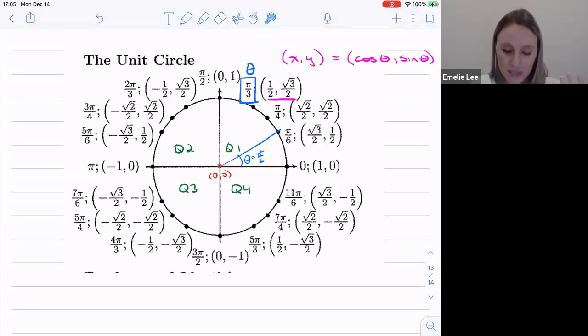For example, if you're in quadrant 3, you've got a negative over a negative for your tangent, so your tangent would actually be positive. Versus in quadrant 4, you've got a negative over a positive, so your tangent would be negative. So it just depends on the sign, but you can boil it all down to the cosine and the sine.